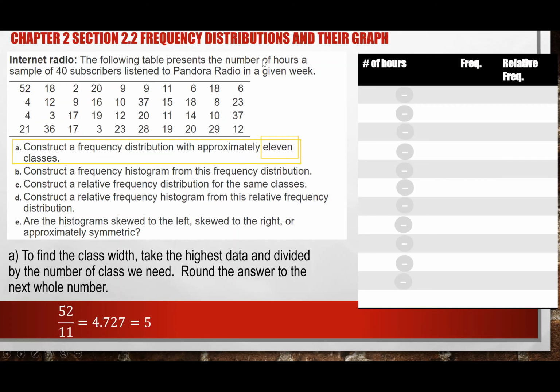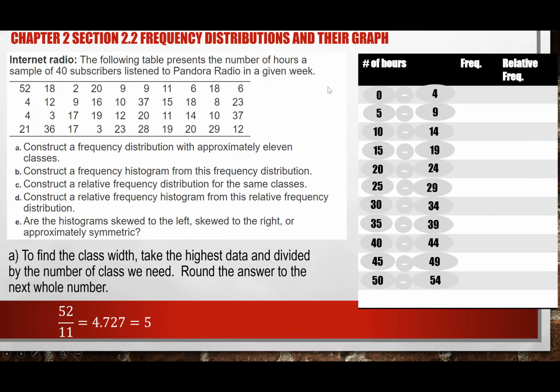Now, the next question they ask, like I mentioned, once we have the class width, we always round up to the next whole number. Every time we jump, we add 5 units, and so on and so forth. Once we have this, to find the frequency, all we do is tally between 0 and 4.